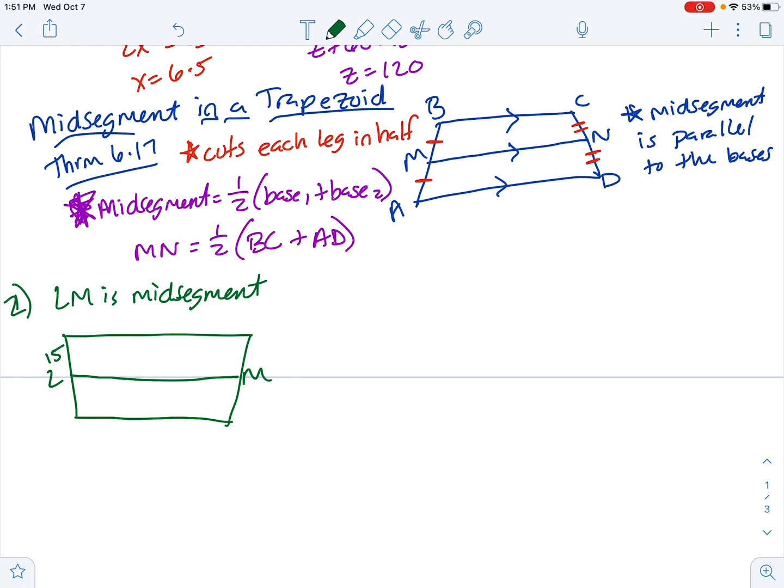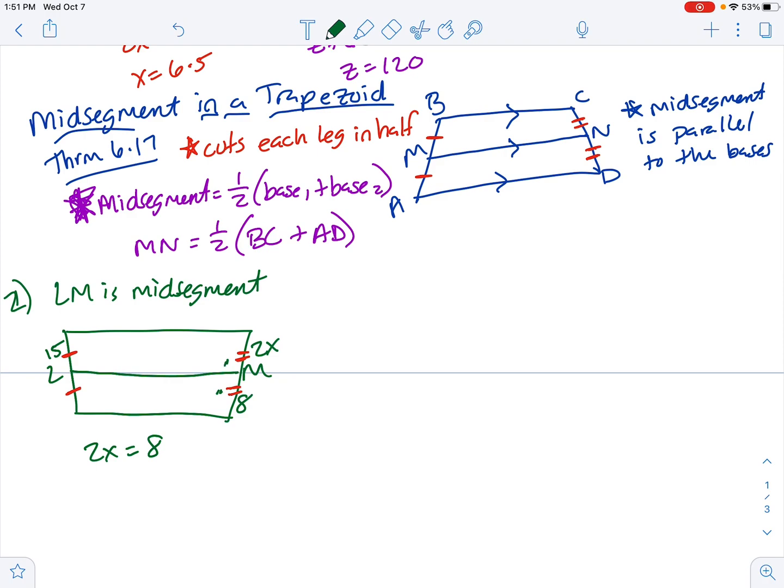I'm going to tell you that this is 15, this is 2x, and this is 8. So what do we know the mid-segment does? The mid-segment cuts each leg in half. What's that look like? That means we have these two are equal, and we have these two are equal. So how are you going to solve for x? You're going to take the 2x and set it equal to 8 because these two are the equal pieces. So x equals 4.